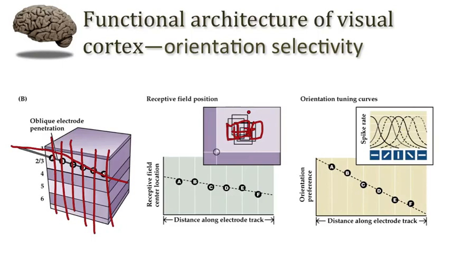If we consider what happens with the advance of that microelectrode with respect to the orientation selectivity of the neurons, we find a similar shift. In one position, we may find neurons that prefer horizontal, and as we progress across the cortex, moving, let's say, in 100 micron increments, what we might see is a gradual progression of orientation preference as we move from one site to the next.